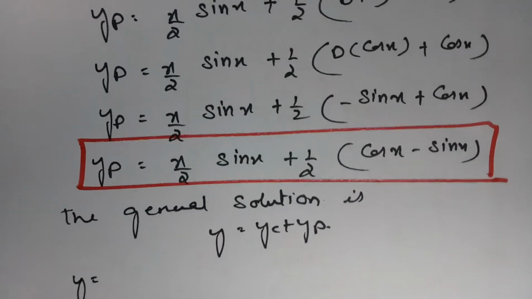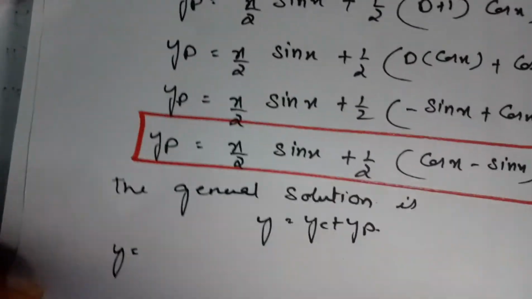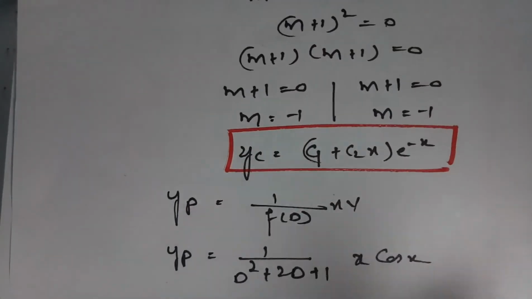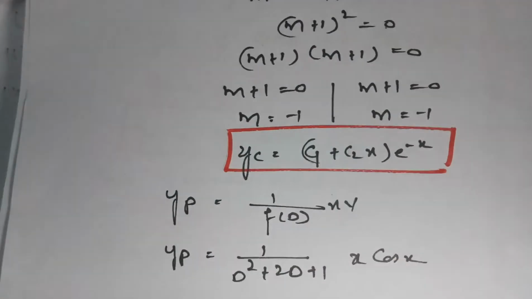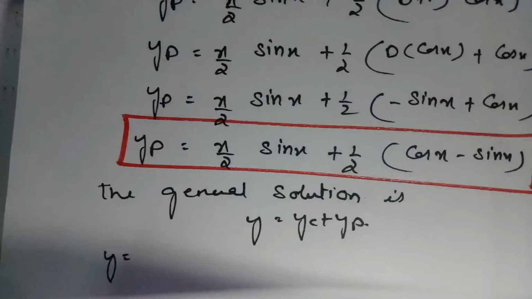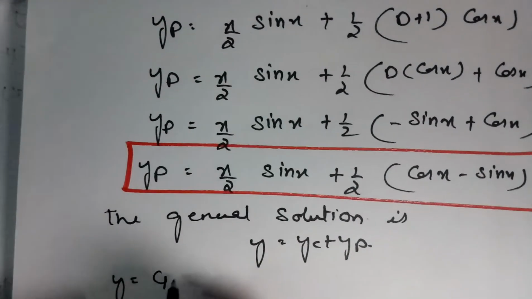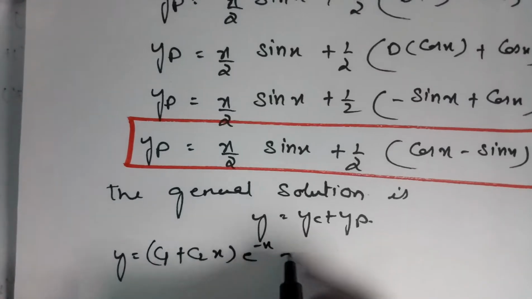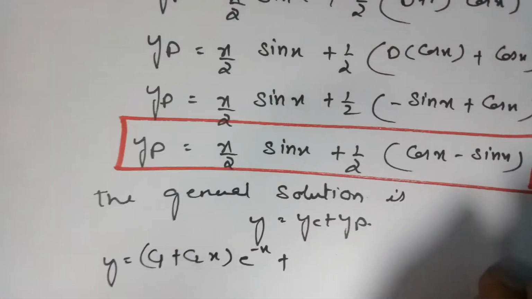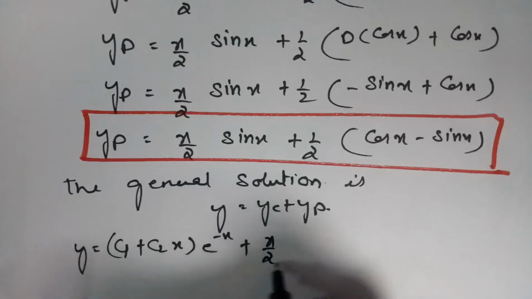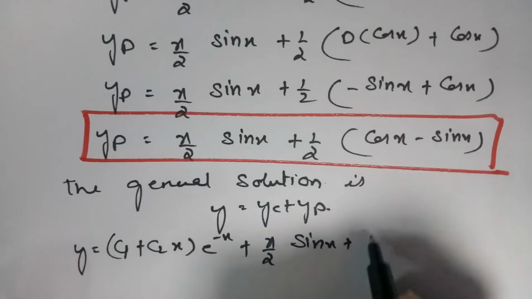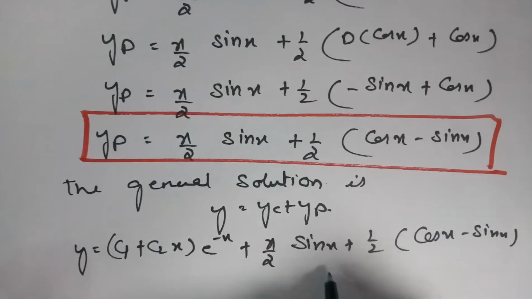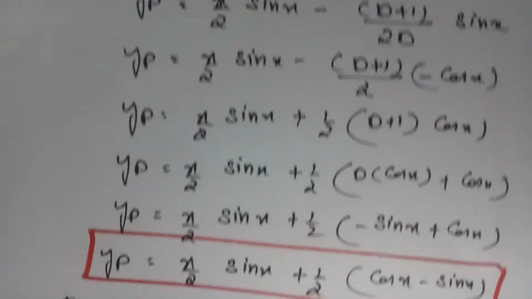What is yc? Here I'll show you. See here, yc is c1 plus c2x into e power minus x. And what is the yp value here? This is x by 2 sin x plus half times of cos x minus sin x. This is the final answer.